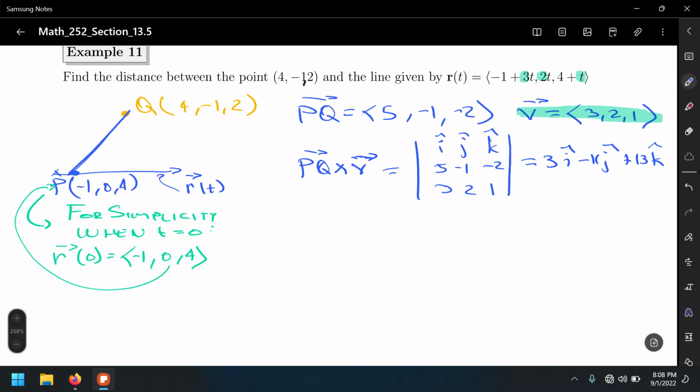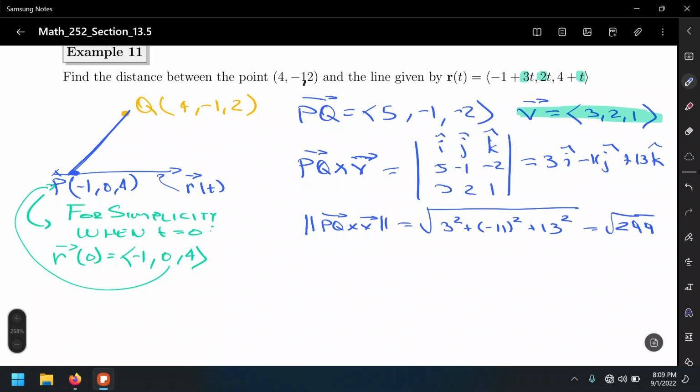So what do we have? That cross product, but we need to find the magnitude of that cross product. That's the square root of 3 squared plus -11 squared plus 13 squared, which combined should give us the square root of 299.